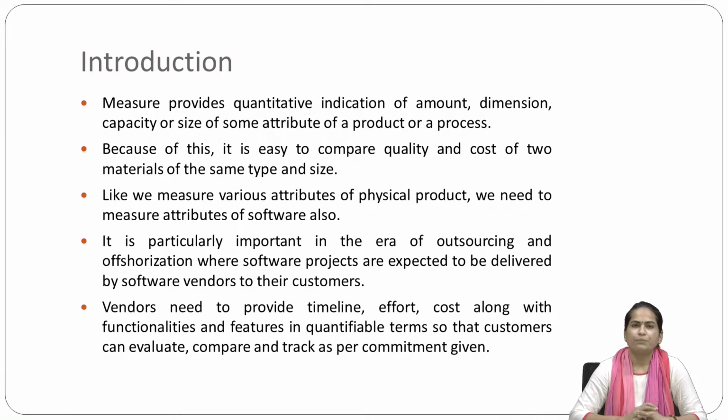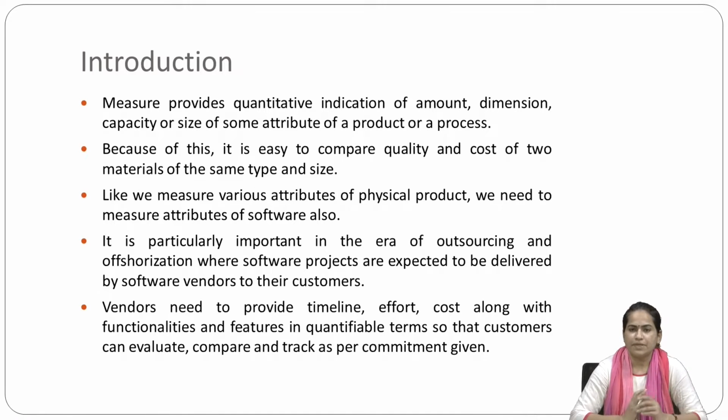When we are talking about measures, we can say that measures provide a quantitative indication of the amount, dimension, capacity or size of some attribute of a product or a process. What can be measured? A measure can be anything. It can be an amount, a dimension, or a capacity or size of any product or any process.